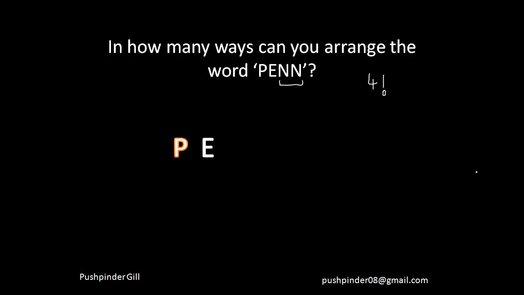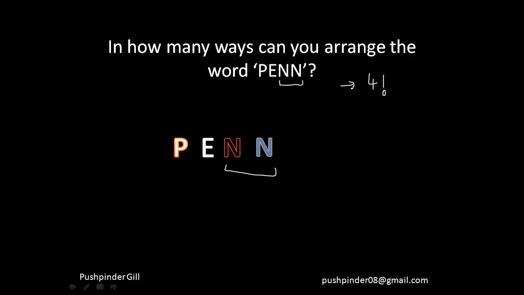Suppose this is one of the arrangements, P-E-N-N, and this is also one of the arrangements. Even if I flip these N's, the word remains the same, which means I have counted all these redundancies in this 4 factorial. So I have to remove that.